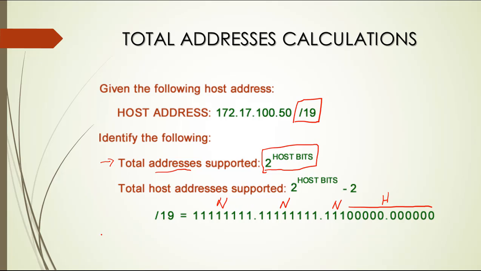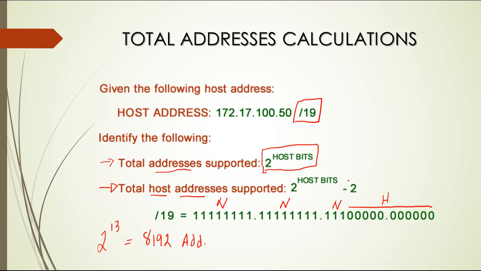So if we apply our formula, 2 to the power of 13, we get 8,192 addresses.